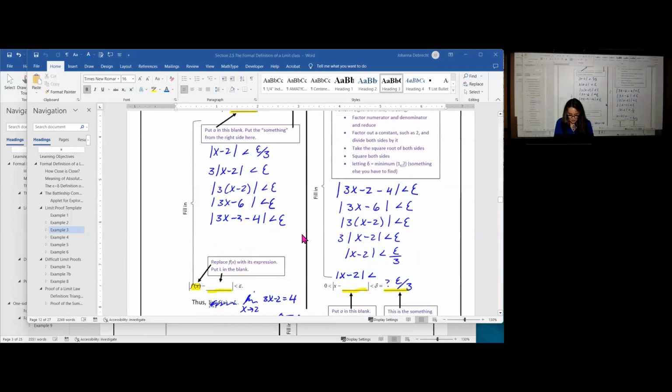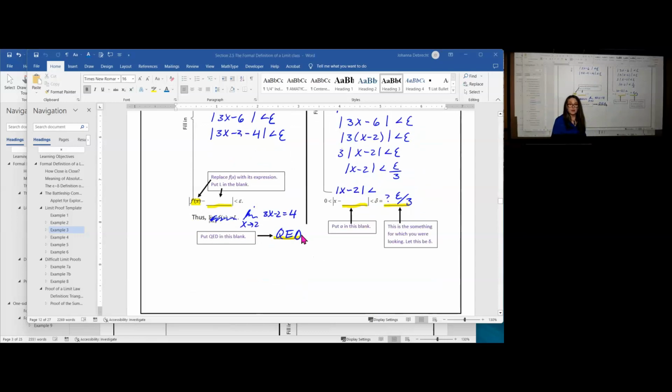The last thing you need to state is the statement of the limit again. The limit as x approaches 2 of 3x minus 2 equals 4, and you finish with QED.